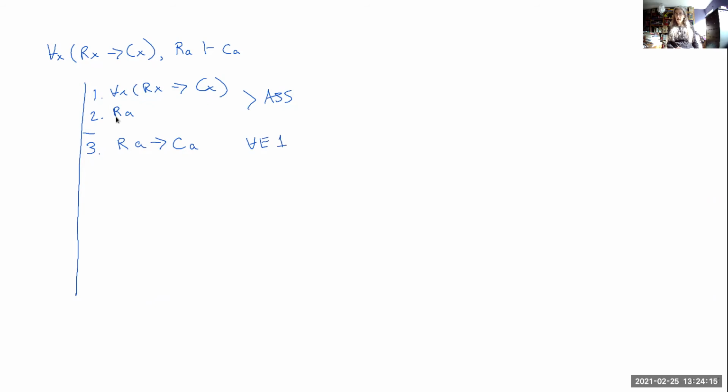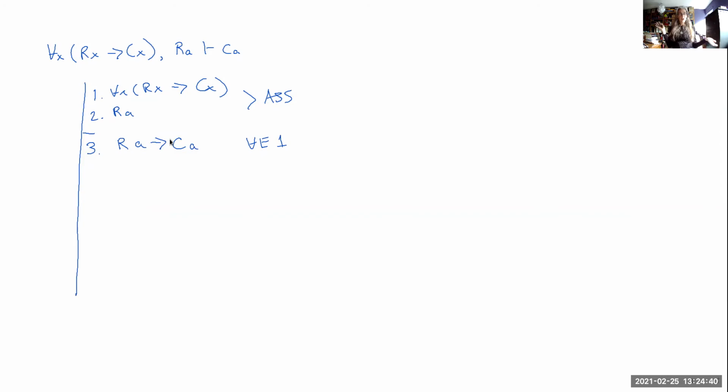I don't need to cite line 2, even though that was what gave me the idea to use A, because universal elimination can be done for any constant whatsoever at any time that we want, even if A hadn't already been in the proof. So it just cites the line of the universal statement we eliminated. But now we're basically back in propositional land.